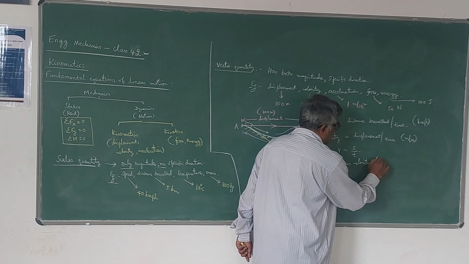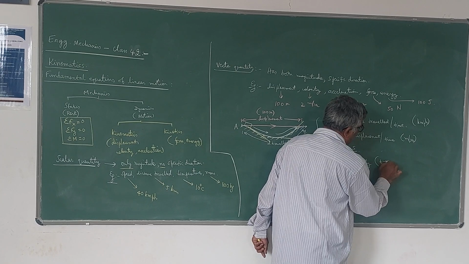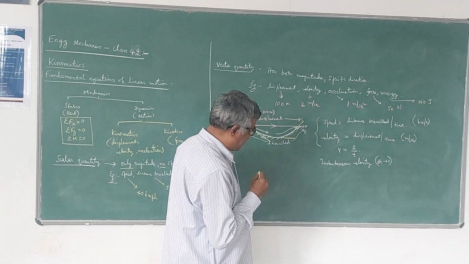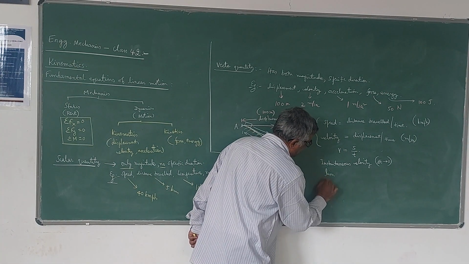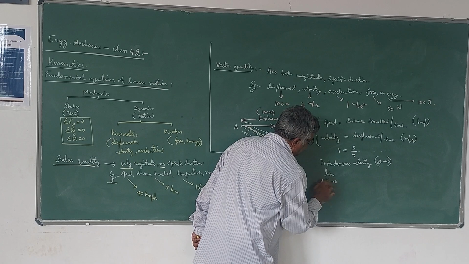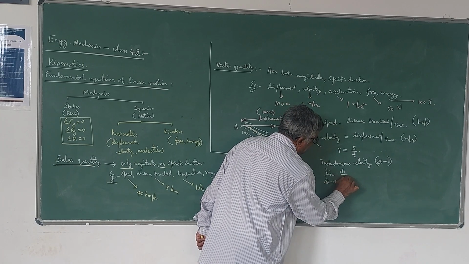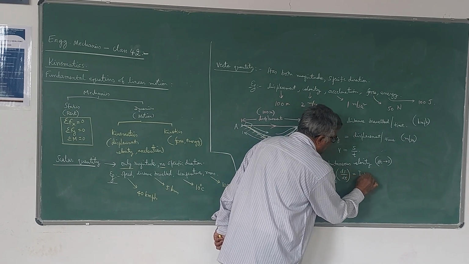That means as your time tends to 0, relatively small time dt tending to 0, this limit of ds by dt is called the instantaneous velocity.